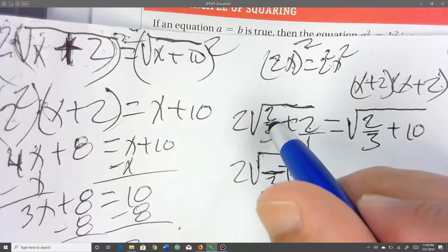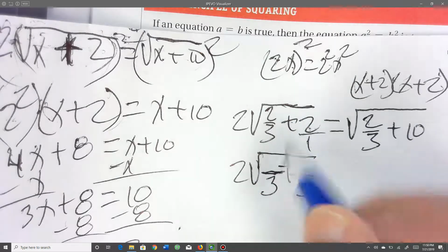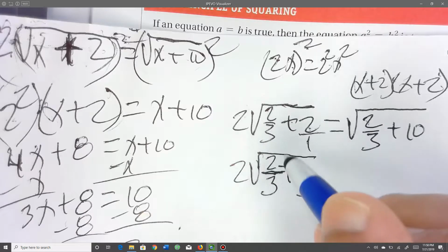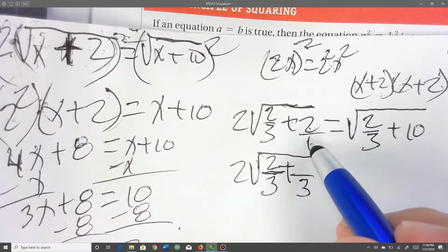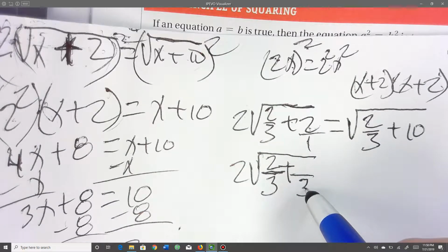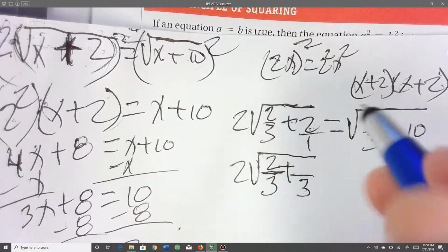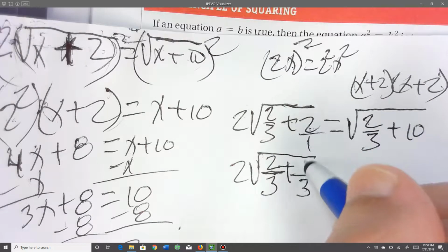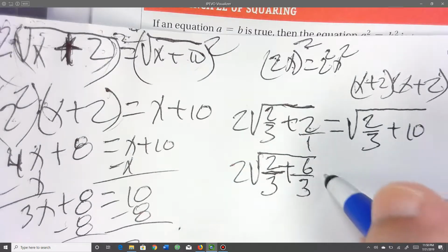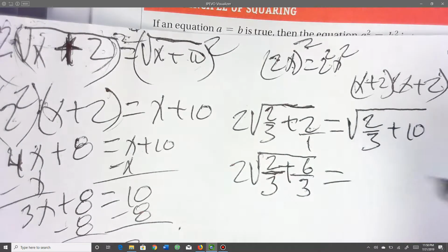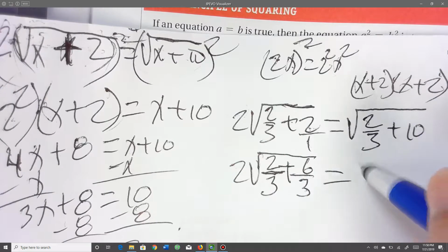Here for this fraction I did not raise it at all, so I'll rewrite that 2. Here this denominator I raised by a factor of 3, therefore I need to raise that 2 by a factor of 3. That times 2 is 6, equals, and I keep going.